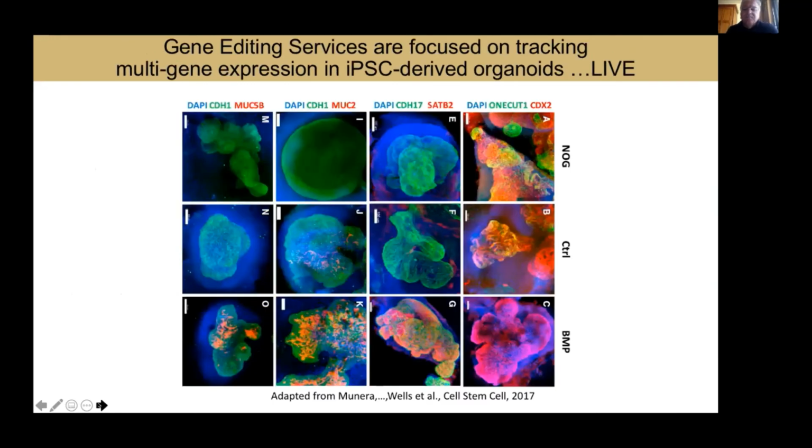So one of the goals we have in the gene editing services is to be able to track multi-gene expression in iPS lines live. This is not live, these are whole mount images, but this is the type of area that we think is going to be very powerful as we move forward.